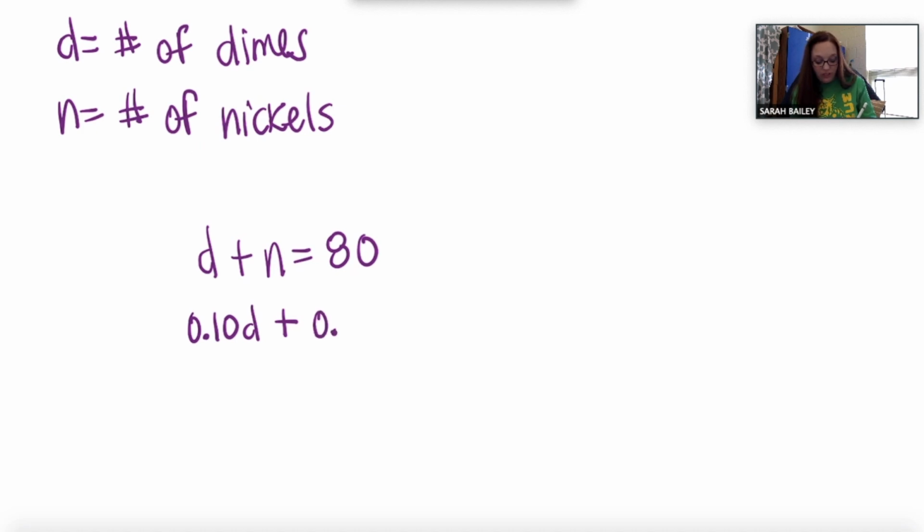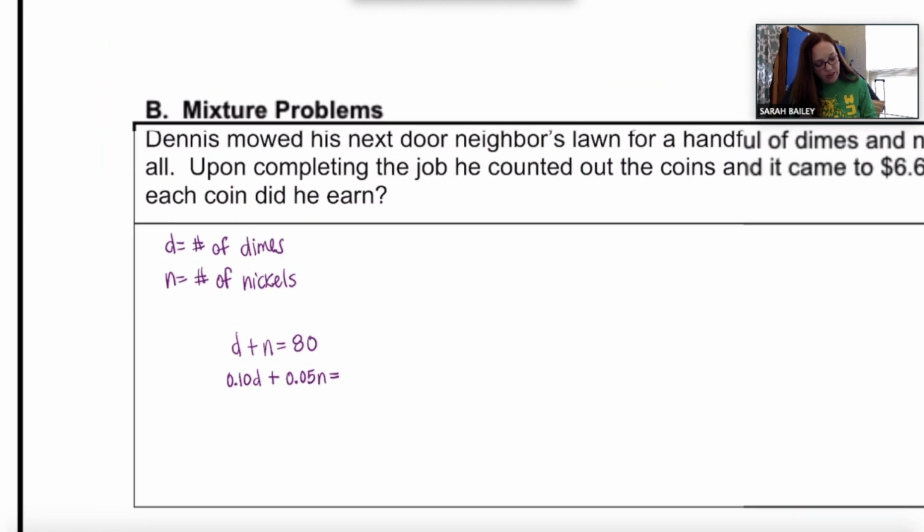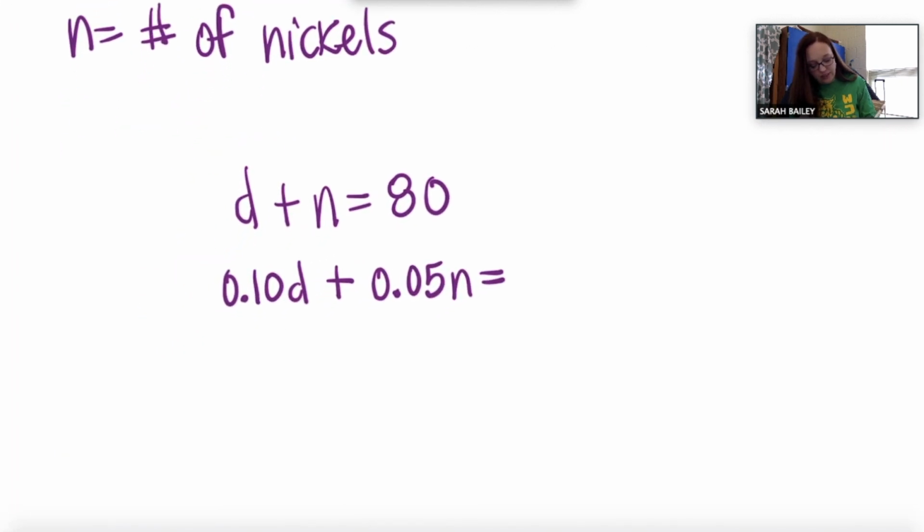So 5 cents is 0.05. If I do 0.05 times the number of nickels, that's the total amount of money we have just in nickels. The total amount of money in dimes, which is here, plus the total amount of money in nickels, which is the second part that I've underlined, gives us the total amount of money that he has, which I think it was $6.60.